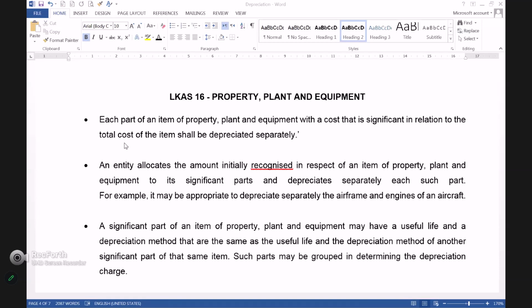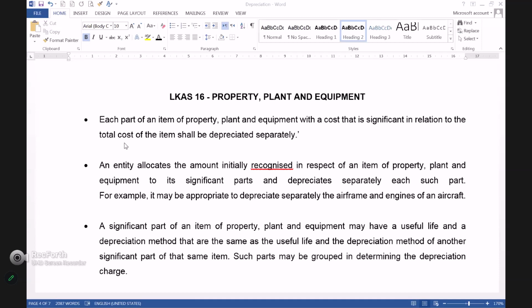The entity allocates the amount initially recognized in respect of an item of property, plant and equipment to its significant parts and depreciates separately each such part. For example, it is appropriate to depreciate separately the airframe and engine of an aircraft.